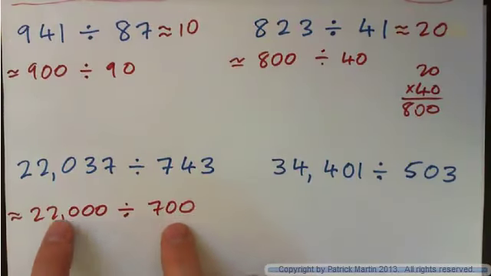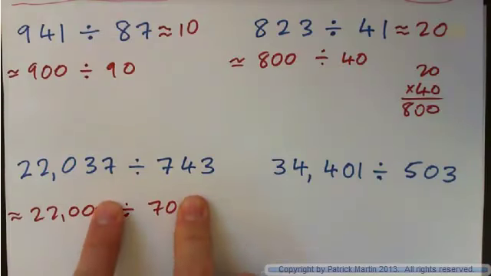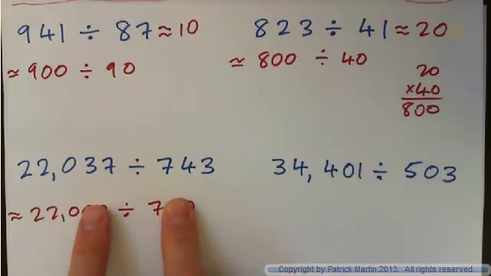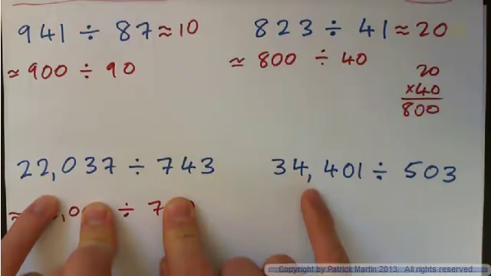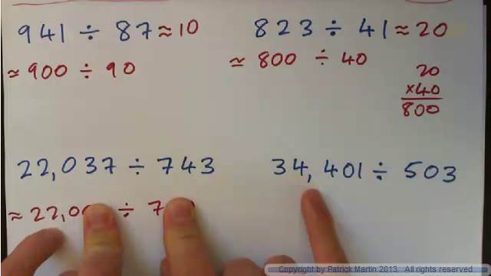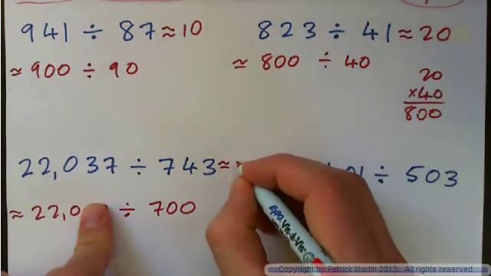If you take a 0 off, it's like this divided by 70, or take 2 zeros off each number, it's like 220 divided by 7. And 7 into 22 goes 3 times, and then 7 into 0 is 0 times. So you could say this is approximately 30.